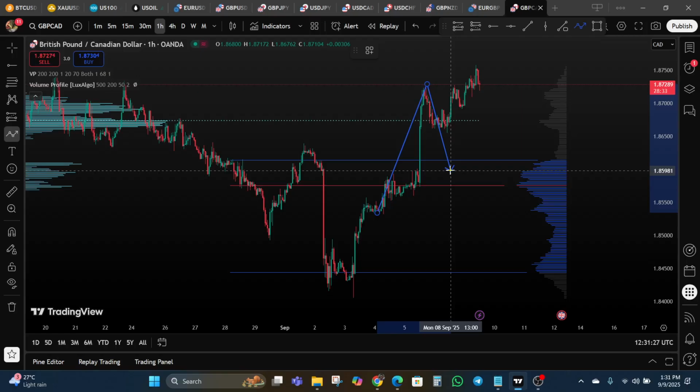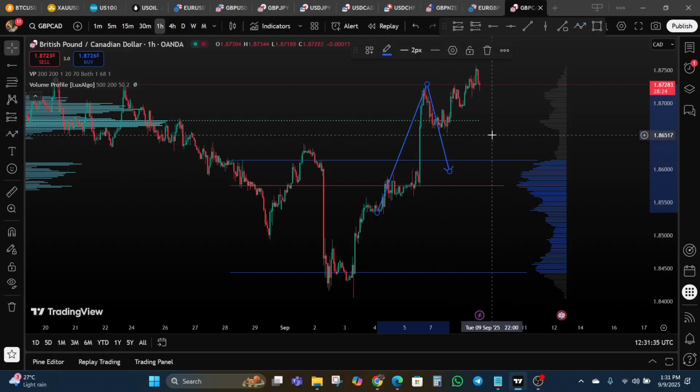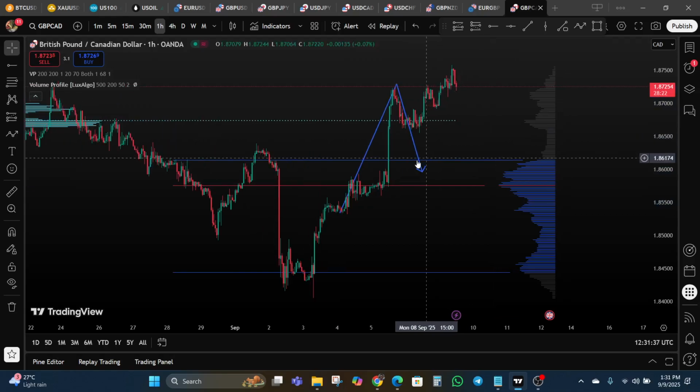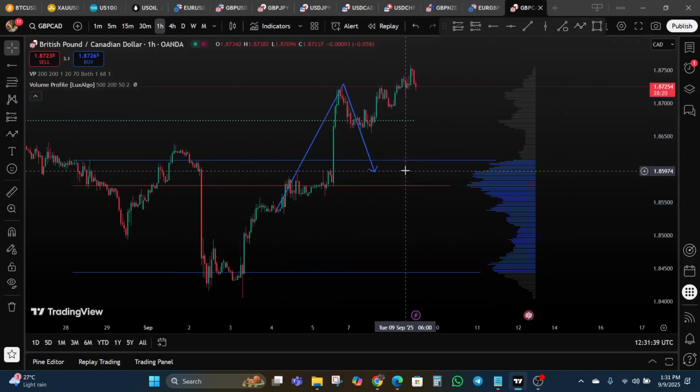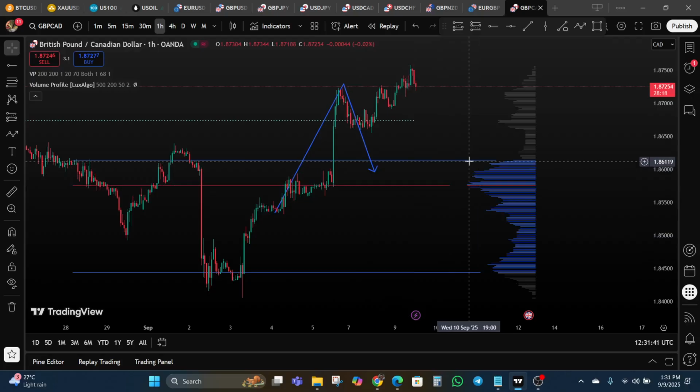And then if the price reacts to this POC level with hesitation or rejection or a cluster of volume, it signals a potential reversal.